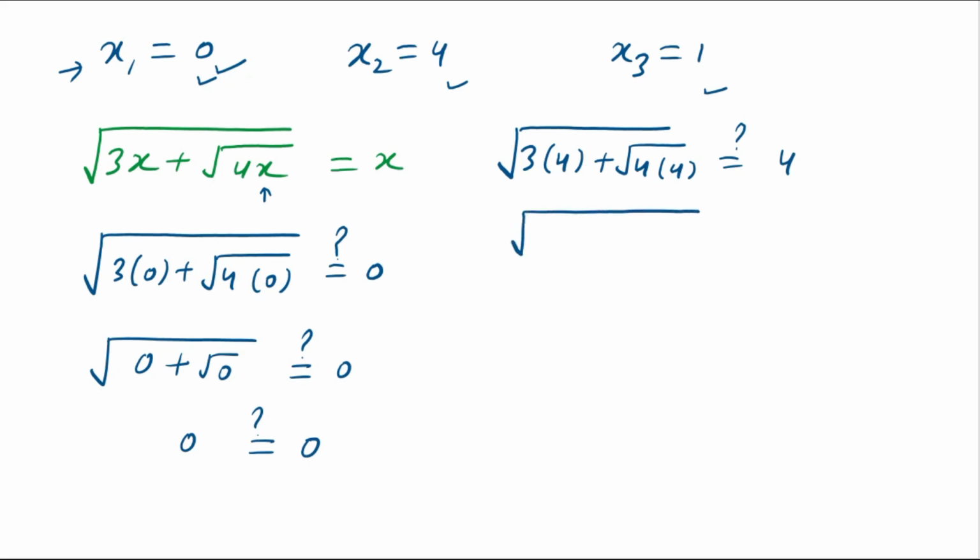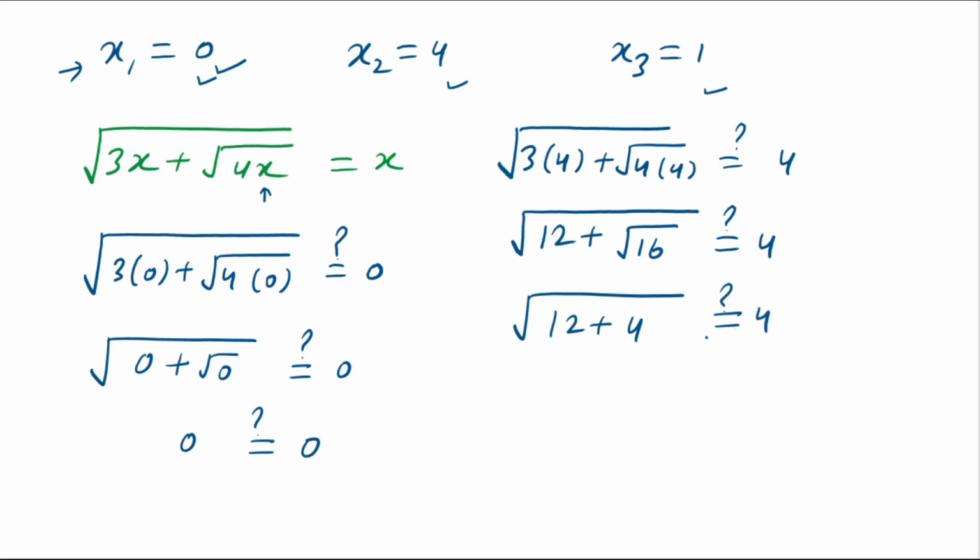Then square root of 3 times 4 is 12, plus square root of 4 times 4 is square root of 16, equals 4. 12 plus 4 is 16, the square root of 16 is 4, and this equals 4. Here the left hand side and right hand side are both equal, so we can say the second solution x2 equals 4.